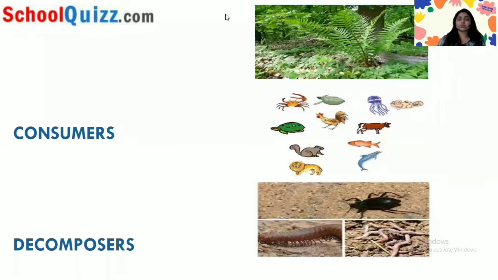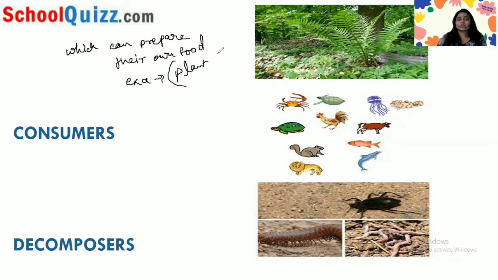Now we will see what are producer, consumer, and decomposer. So what is a producer? Which can prepare their own food. Like the example is the plant. So what do plants do? Plants take sunlight from the atmosphere and water from the soil, okay, and prepare their food.